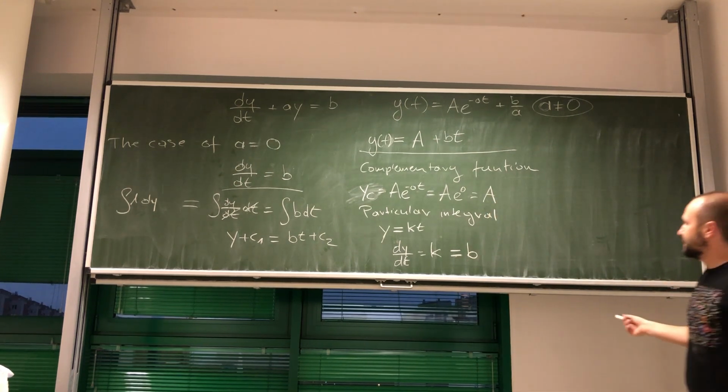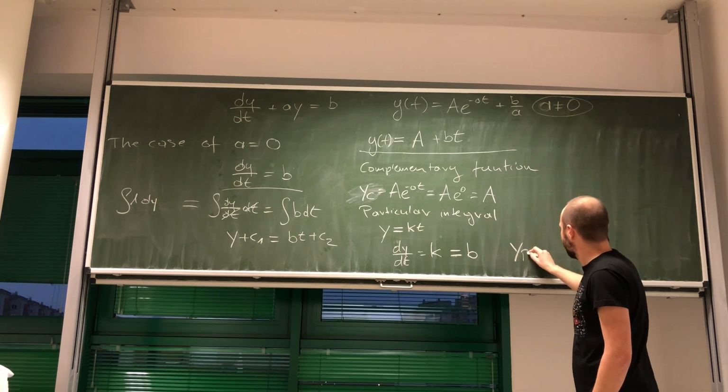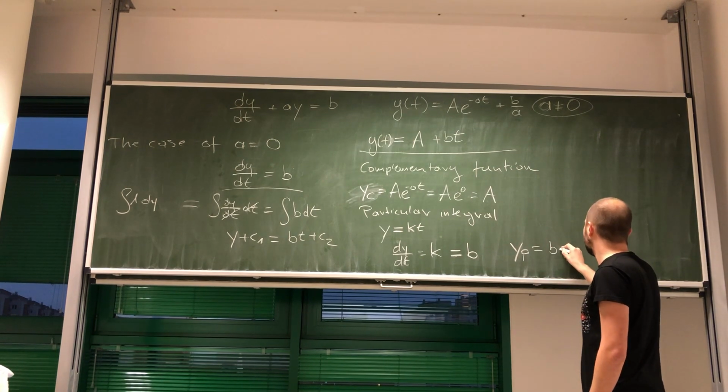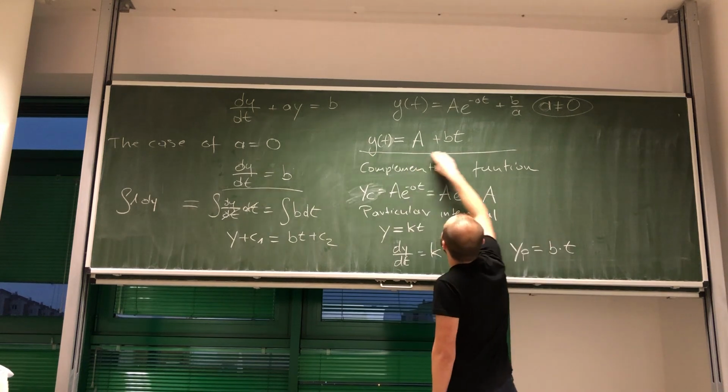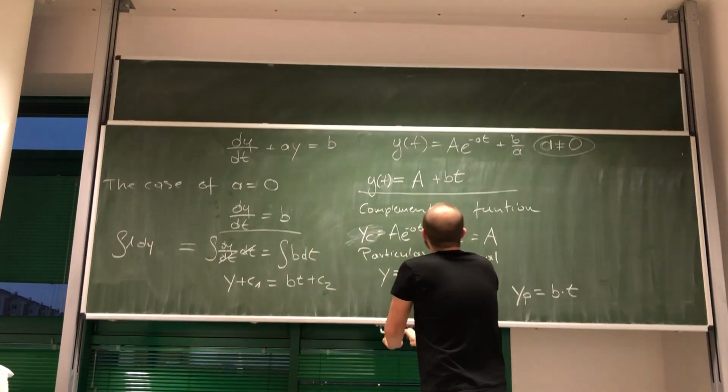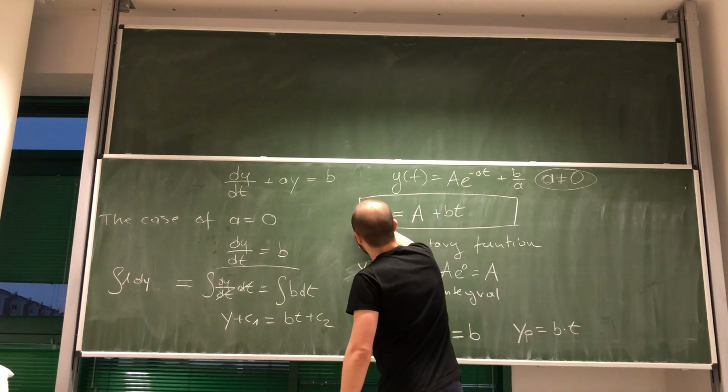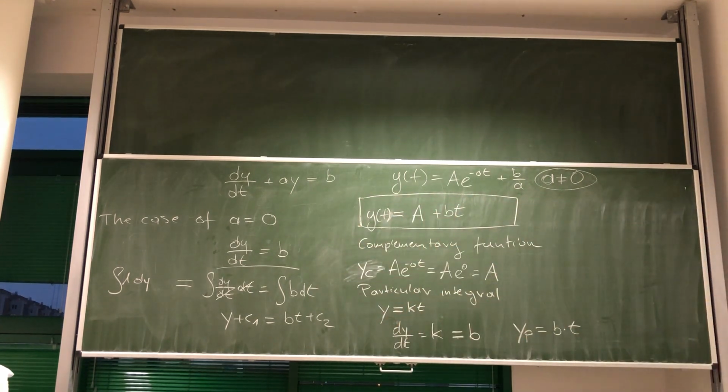So we get from this that the particular integral in general is equal to b times t. And of course the complete solution is what you see over here, and what we were able to find using direct integration. Now again, I want to go back to interpreting those two components, complementary function and particular integral, a little bit later.